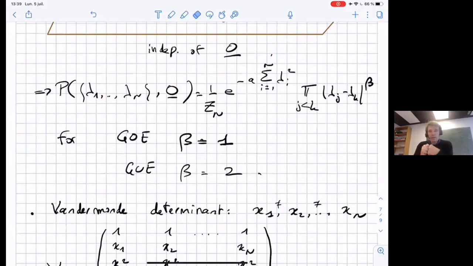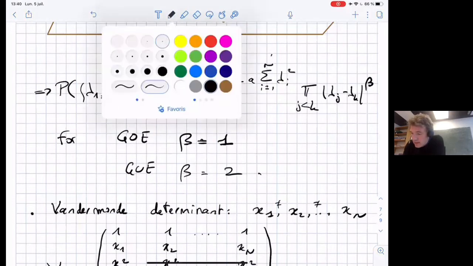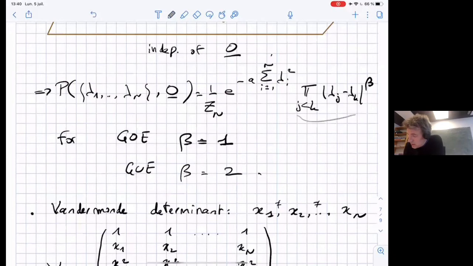So that means that really these eigenvalues somehow repel each other. They really don't want to stay close to each other, and there is some kind of level repulsion. That's what this is saying.